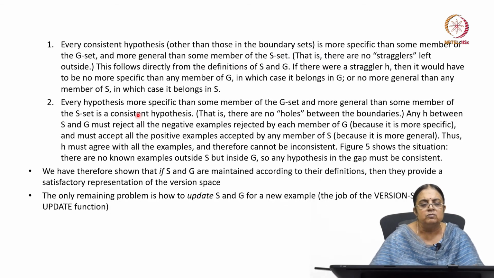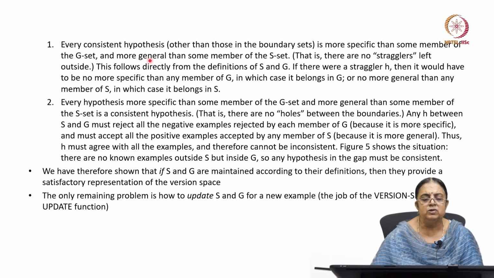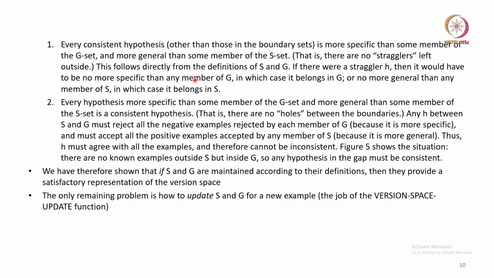So what do we do? Every consistent hypothesis is more specific than some member of the G set and more general than some member of the S set. So every hypothesis that is more specific than some member of the G set and more general than some member of the S set is a consistent hypothesis.